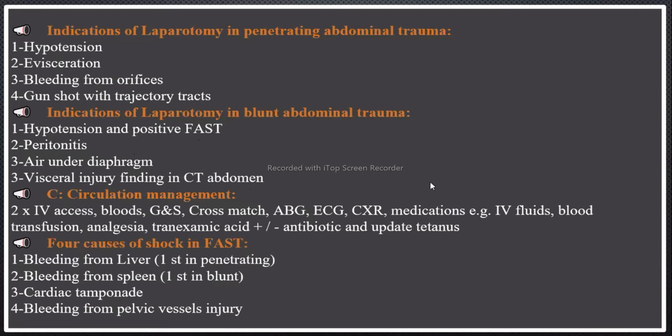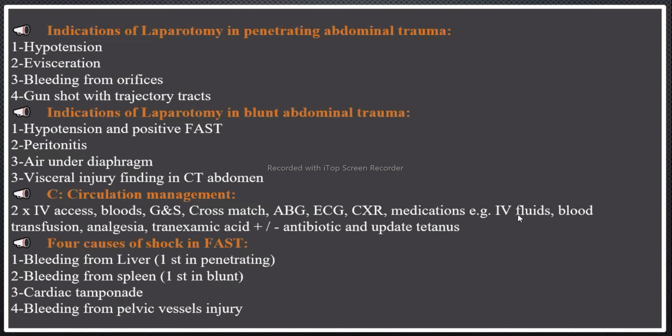So the management in any circulation problem, in general, in any resuscitation: IV access, bloods, as we said, hematology, biochemistry, blood gas, blood culture, toxicology screen, group and save, and cross match. Okay, and of course you will do ECG and chest X-ray.